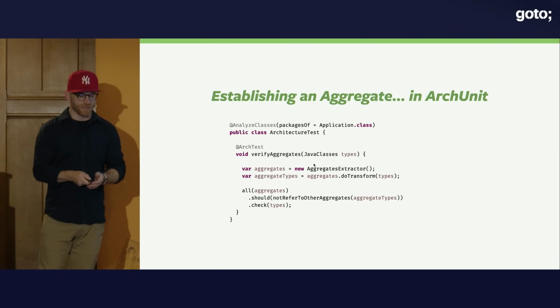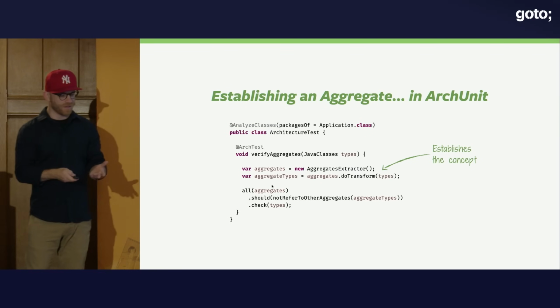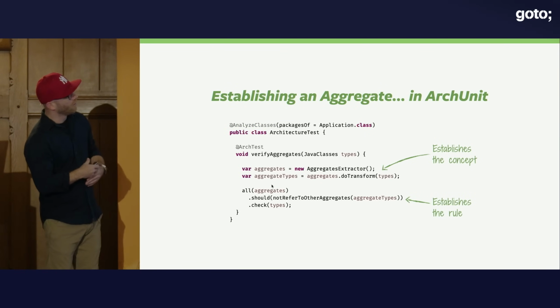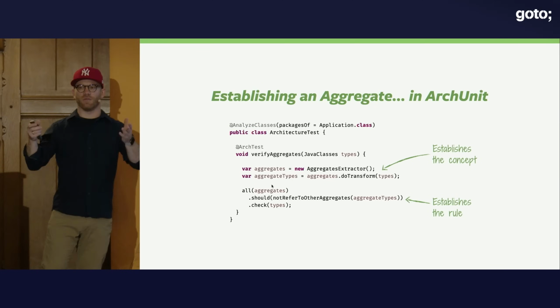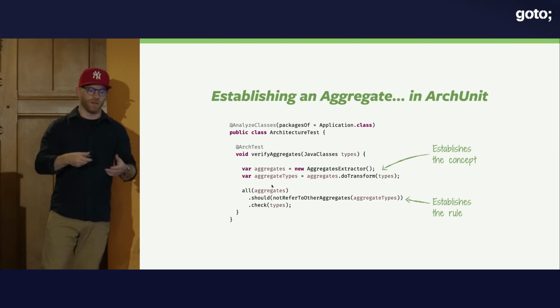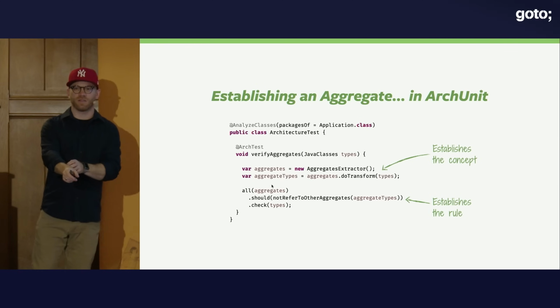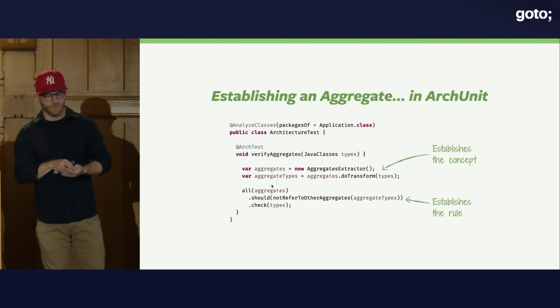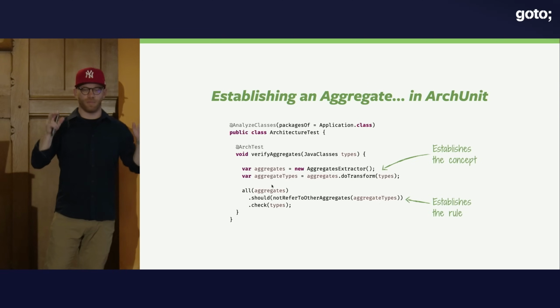And then there is this rule that I can put here, right? This is where we establish the concepts, and then we establish the rule that all aggregates should not refer to other aggregates, and then we check the types of our project. That's kind of neat. Again, I think it's a bit more approachable than jQAssistant because it's plain Java.